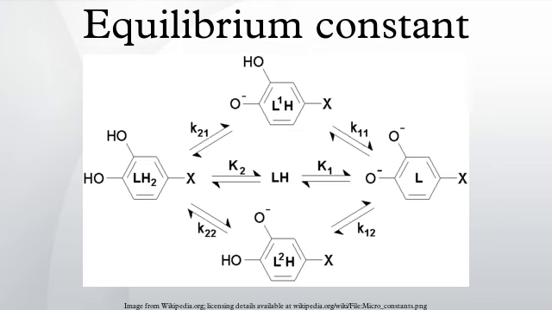Data sources: IUPAC-SC database, a comprehensive database of published data on equilibrium constants of metal complexes and ligands. NIST Standard Reference Database 46, critically selected stability constants of metal complexes, inorganic and organic acids and bases, pKa data in water and DMSO.